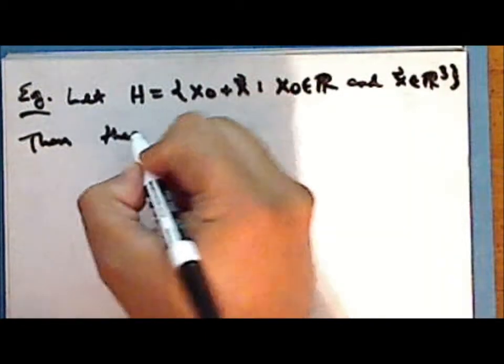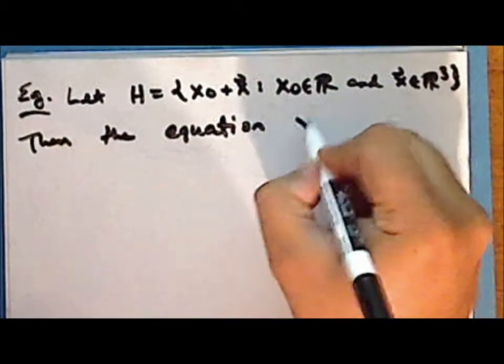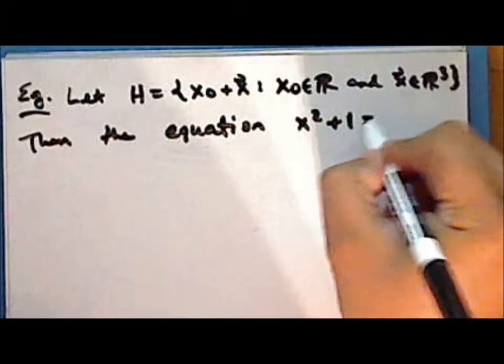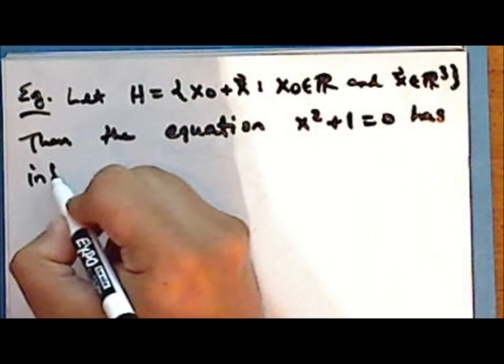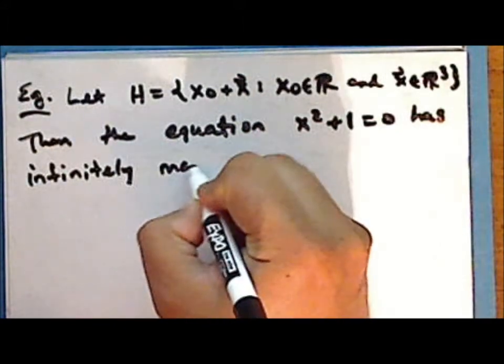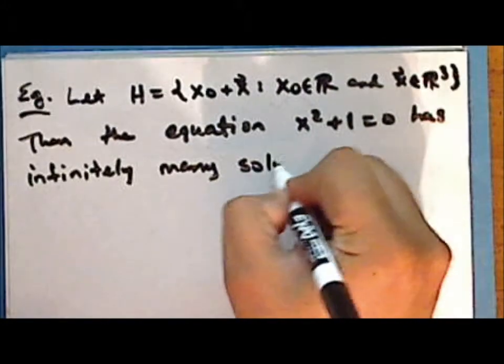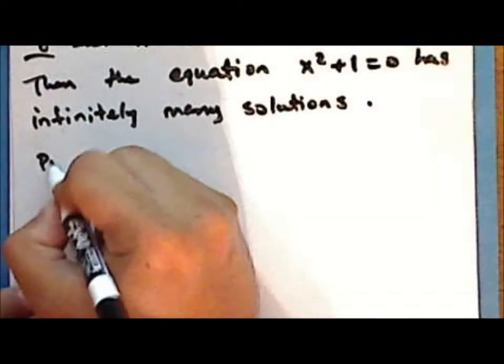Then the equation x squared plus 1 equals 0 has infinitely many solutions in this algebra. So proof.